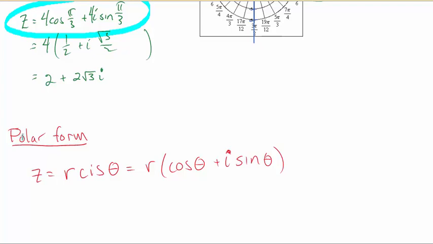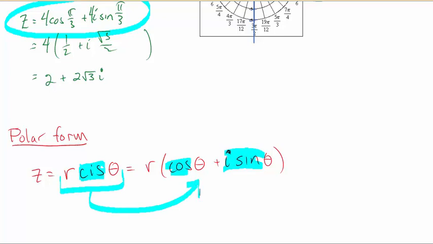The polar form, or modulus argument form, will be r, the modulus, times cosine theta plus i sine theta, where theta is the argument of the complex number, and it's abbreviated with cis, cosine i sine. It's abbreviating that stuff together. Shorter way of writing it, but know that it means that. And that, ladies and gentlemen, is a very big idea for us as we move forward through this section.